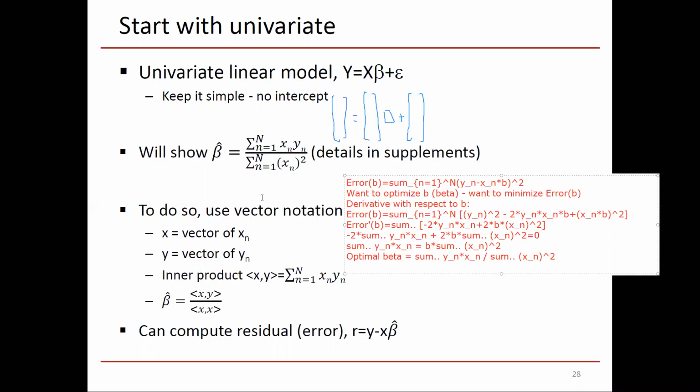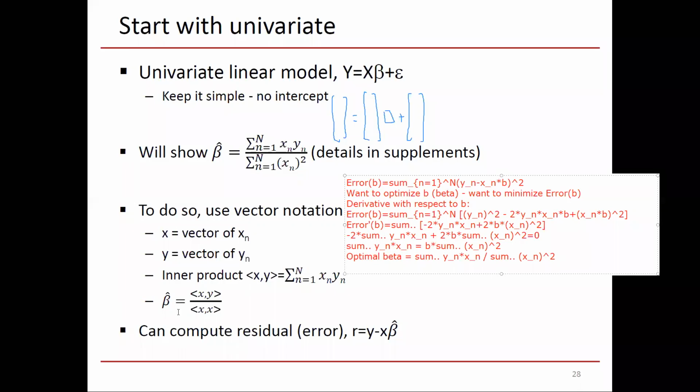You can derive this, and I believe this is done in the supplements, that x is going to be a vector of xn's, y is going to be a vector of yn's. The inner product between x and y is going to be a summation from 1 to capital N of xn and yn.